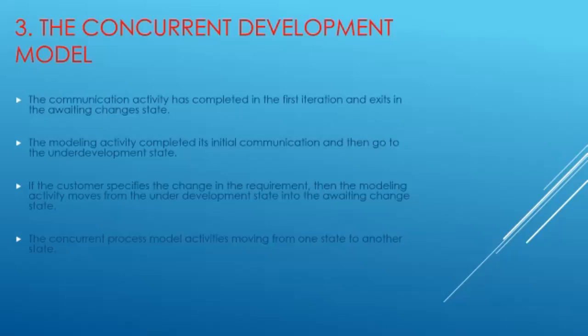That means these activities exist in awaiting changes state, and the modeling activity completed its initial communication and then goes to the under development state. If customer specifies the change in the requirement, then the modeling activity moves from the under development state into the awaiting change state.